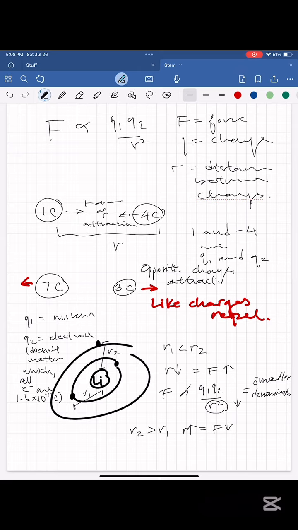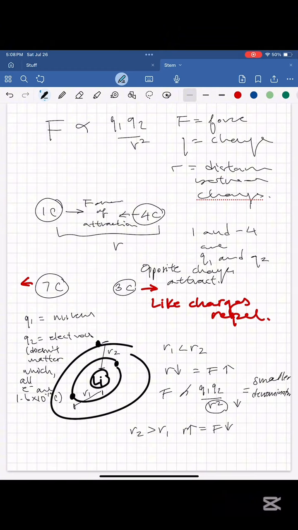So, yeah, you can use this to qualitatively analyze the effect that the distance has on the force, because in our situation, the Q's don't really matter.